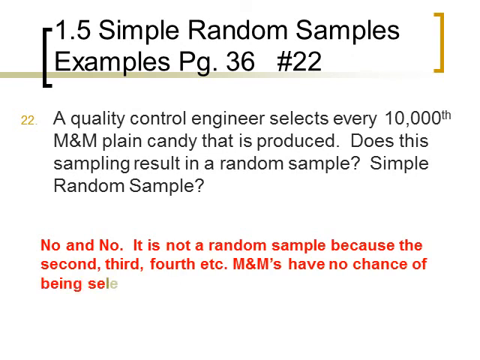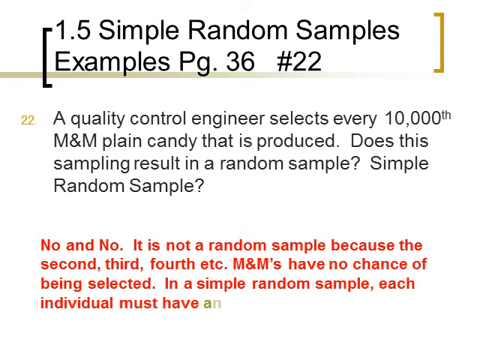And in question 22, a quality control engineer selects every 10,000th M&M plain candy that is produced. Does this sampling result in a random sample? Well, the phrase every 10,000th is a systematic approach. So this is a systematic sample, but is it random?